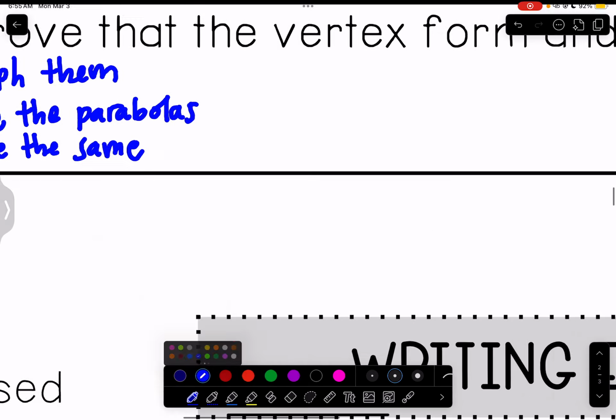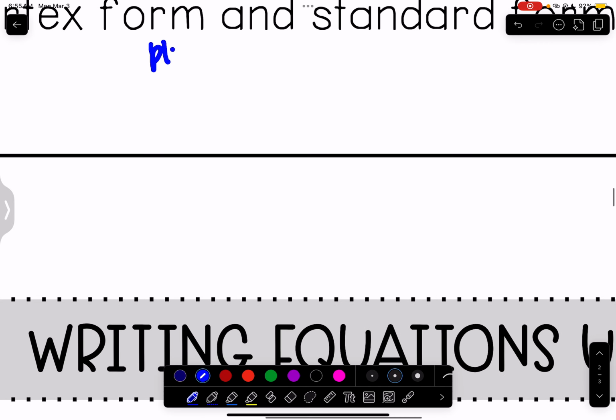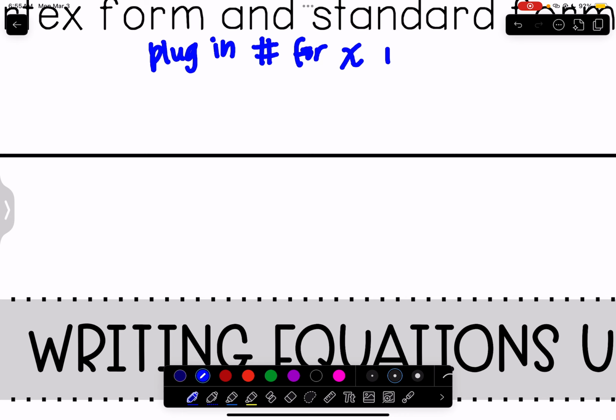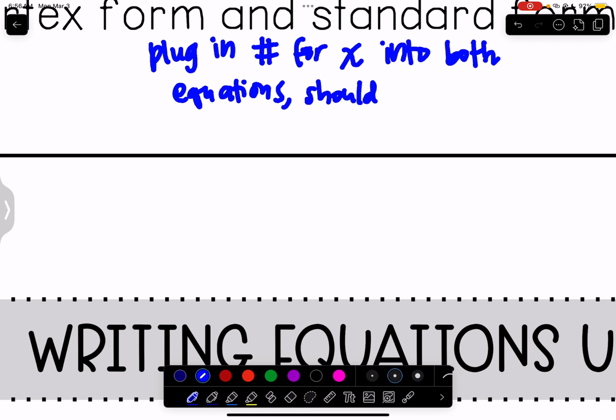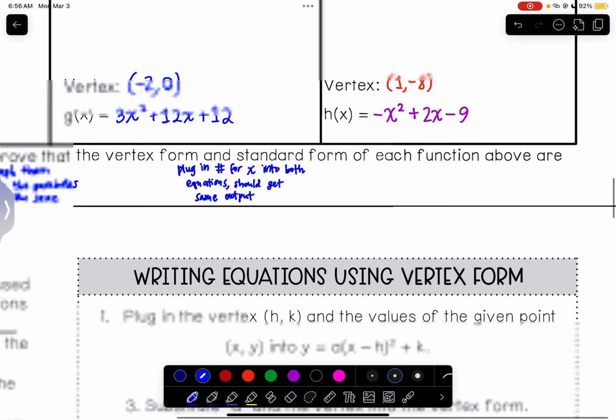Or we can plug in some number for x into both equations, and we should get the same output. So let me pull up my TI-84 for that.